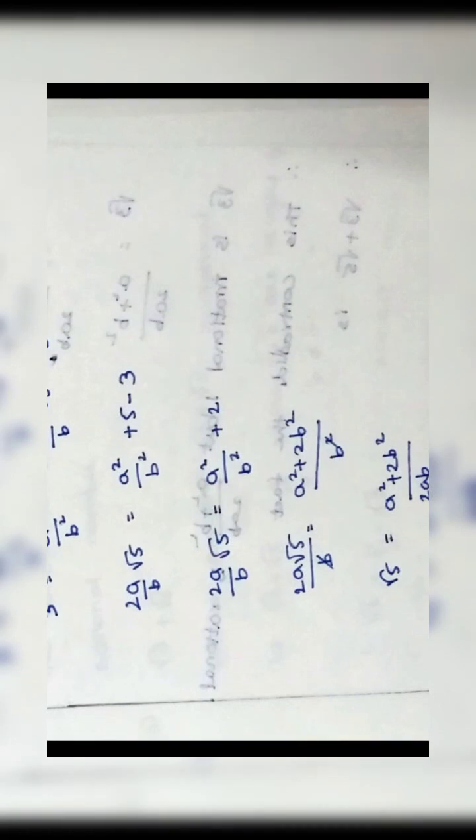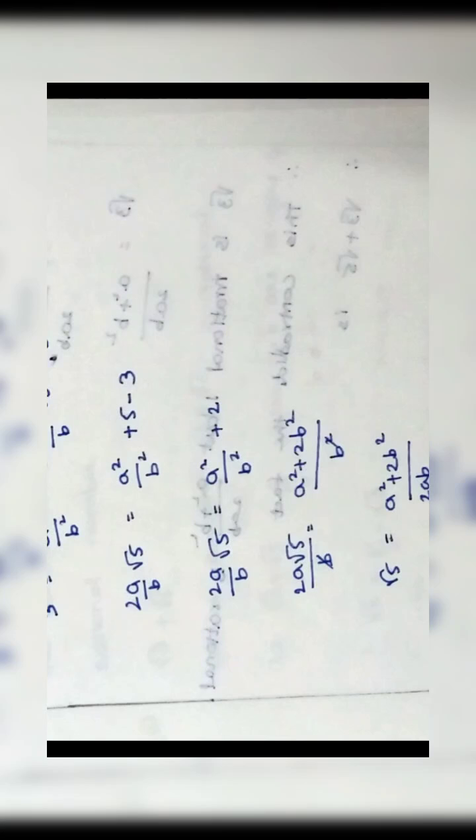So if we send the minus 2a by b root 5 to the left hand side, we get 2a by b root 5 is equal to a square by b square plus 5 minus 3, and 5 minus 3 is 2. If we take the LCM for a square by b square plus 2, it is a square plus 2b square by b square, just a cross multiplication. So 2a root 5 by b is equal to a square plus 2b square by b square.